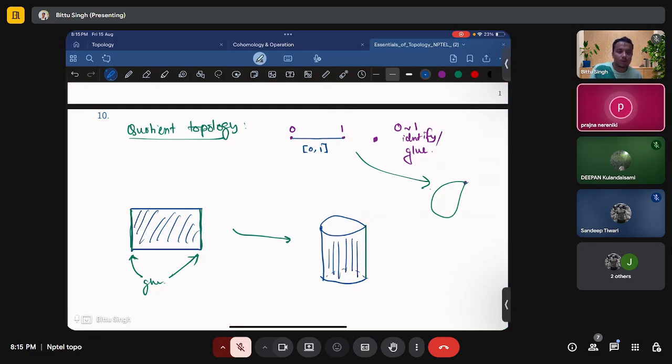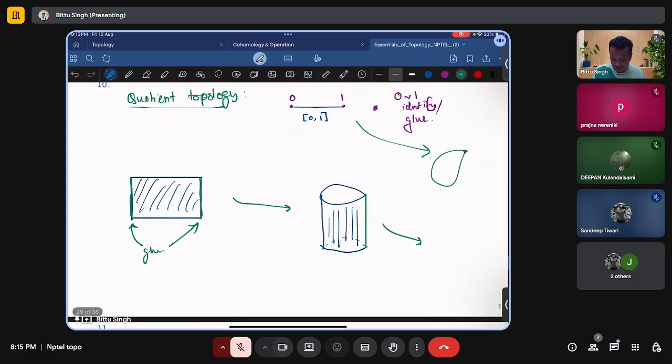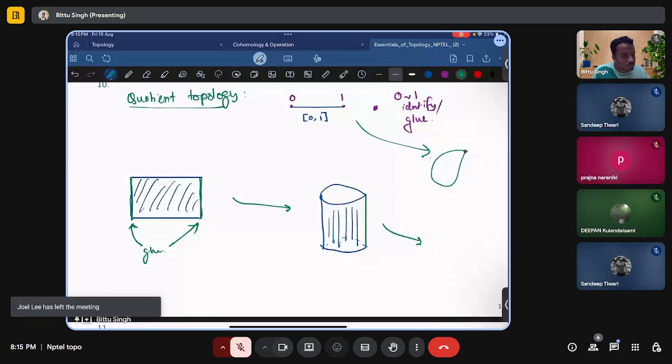I think geometrically I understand. Can you explain geometrically how to think of it? Yes, I will say how to think more mathematically, but let us start with this example, otherwise it will be an abstract definition. That's why. So let me identify.